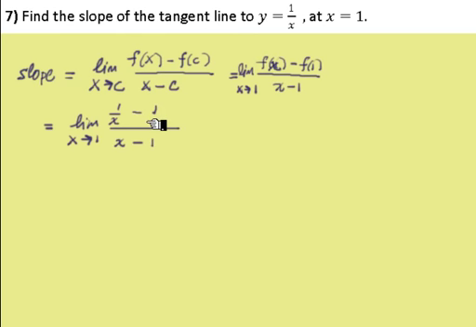We can't substitute in 1 directly here because 1 minus 1 is 0. The denominator would be 0, so we have to manipulate this a little bit. So we're going to subtract these fractions in the numerator. We have 1 over x minus, with the common denominator x, x over x for 1. All right, rewrite that.